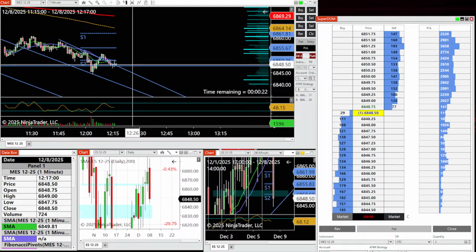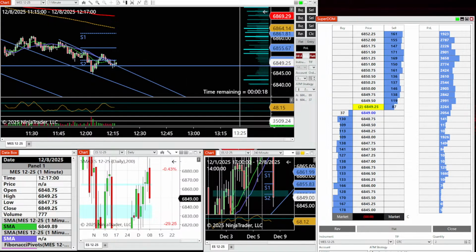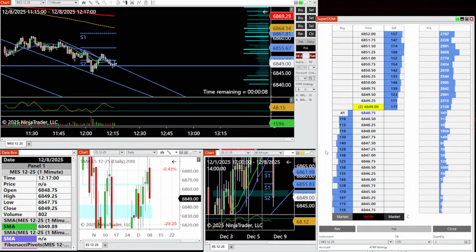Stalling here, didn't break lower, didn't break higher. No follow through either way.